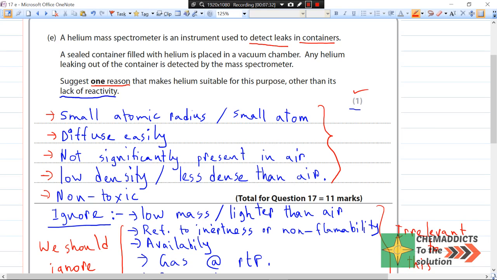This answer is with respect to our health. It does not do any harm to our health, so we can use it. So the main reason for this is non-toxic.